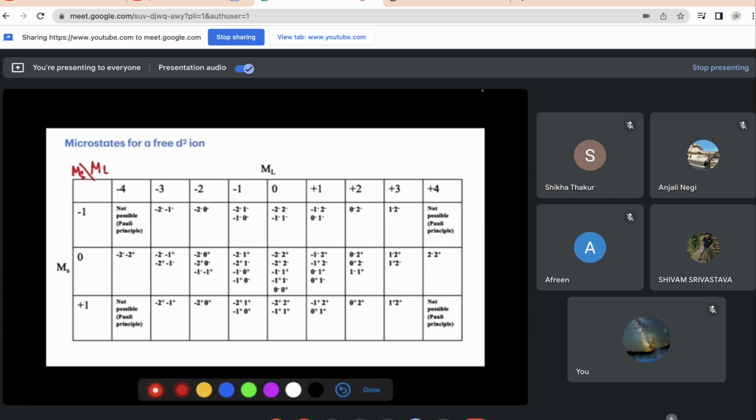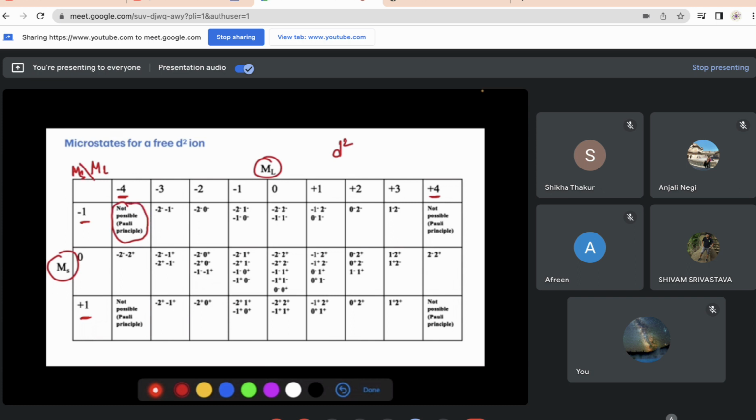Here to define the columns, I am using ML, and to define the rows, I am using MS. So for d2, we have ML going from plus 4 to minus 4, and MS from minus 1 to plus 1.